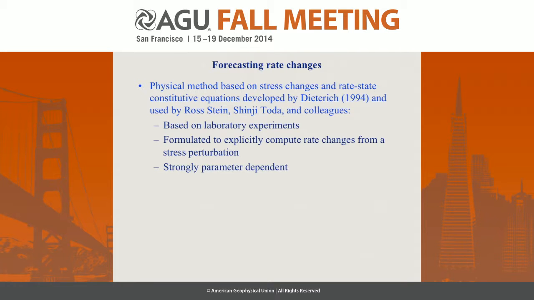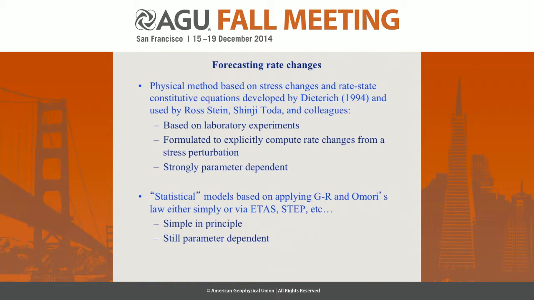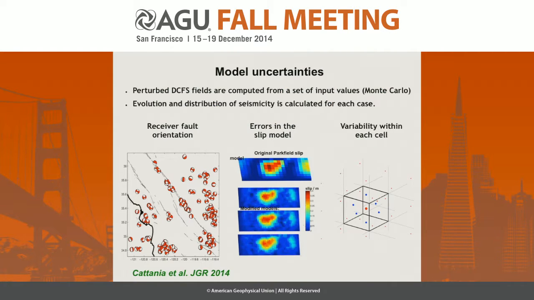And then there are statistical models that we've seen introduced today, so STEP and ETAS, and I'll talk a little bit about STEP later. The thing with the physical models is that they're quite parameter dependent, and you really depend on getting the Coulomb map right, and that isn't necessarily easy.